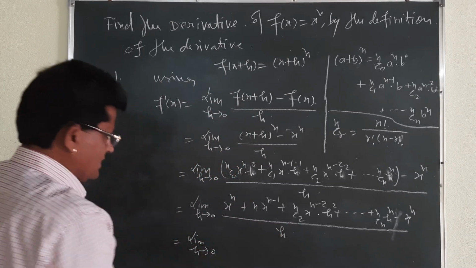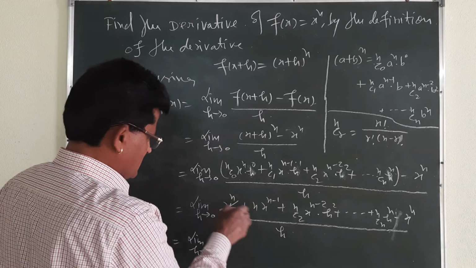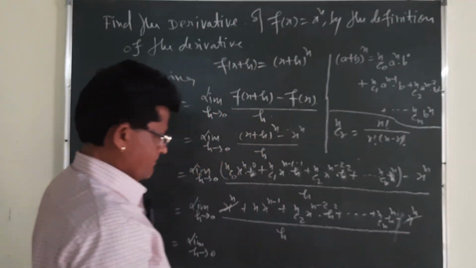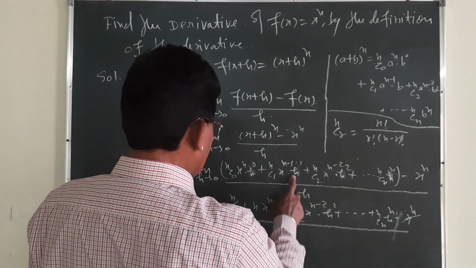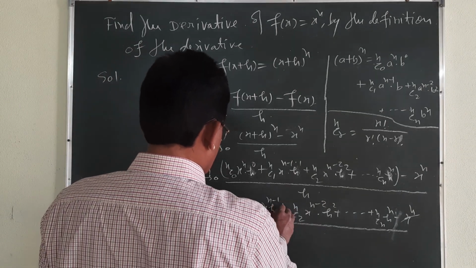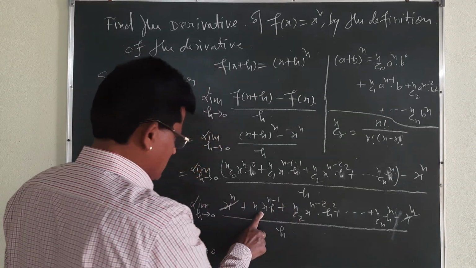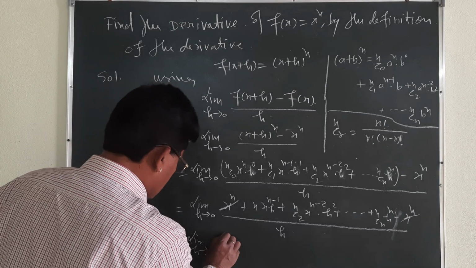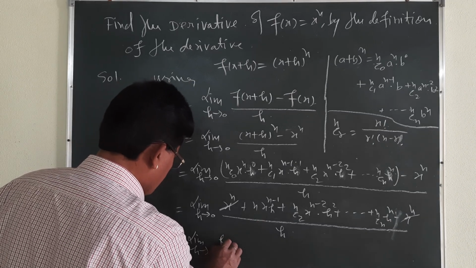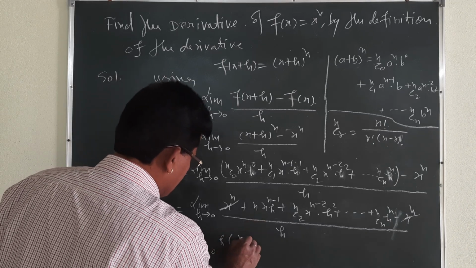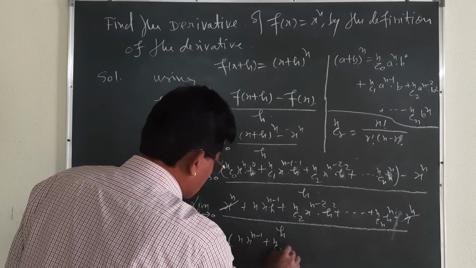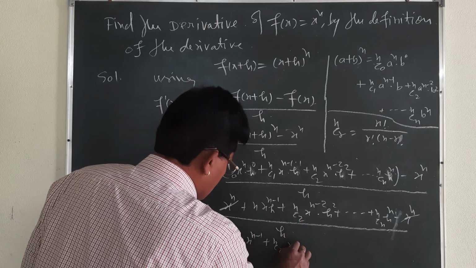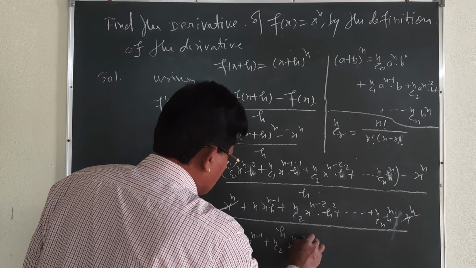Dear student, you see, because it is cancelled, and you must see over here h that is common. I will take h common within the bracket: x to the power n minus 1, plus nC2, you can substitute its value also, x to the power n minus 2 h.